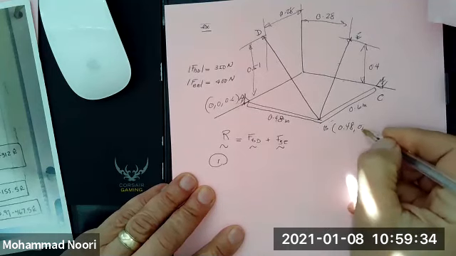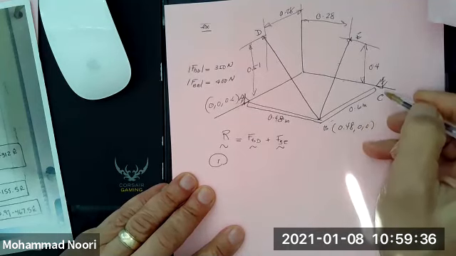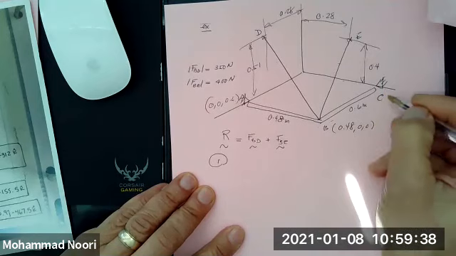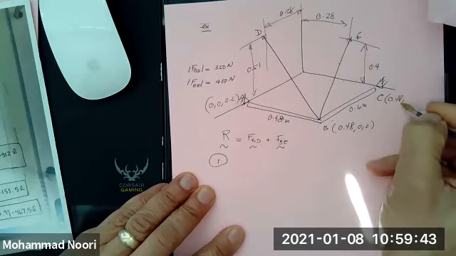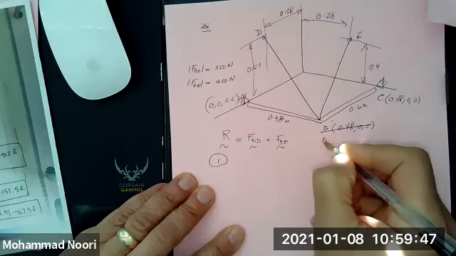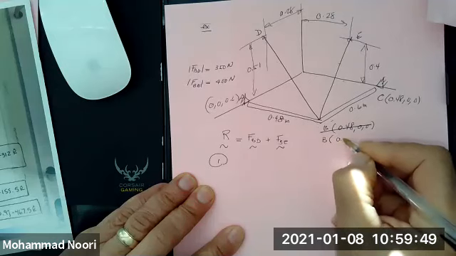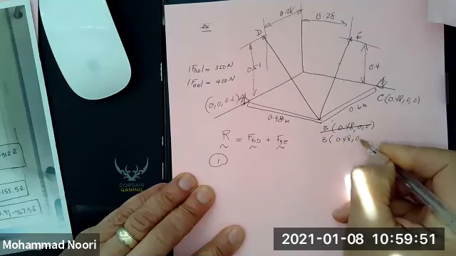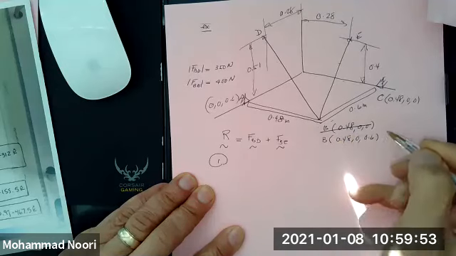So point C would be 0.48, 0, 0. Point B would be 0, 0.48, 0.6.